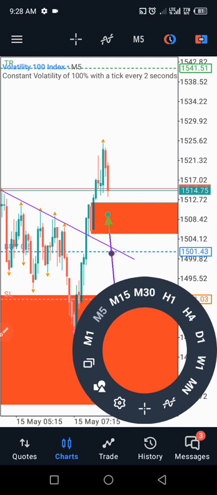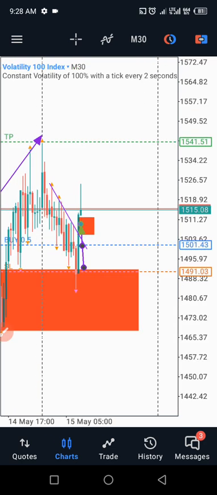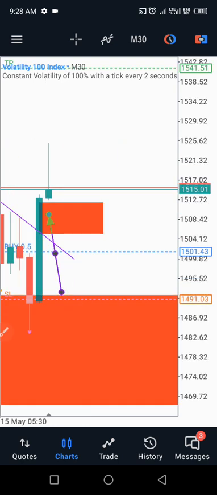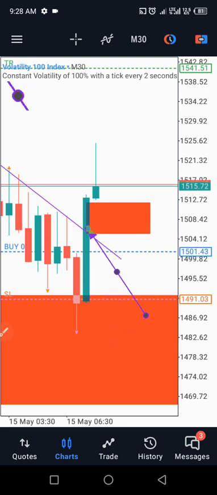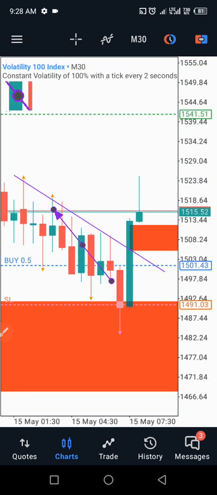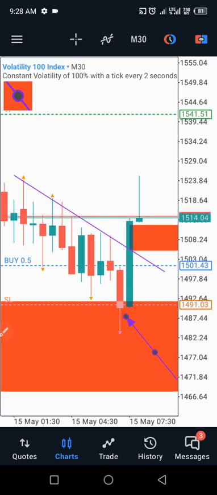So what we want to do now is to go to the 30 minutes time frame, so that we can see clearly the bearish bullish rejection. What we'll notice is, before this breakout, because you can see that this was a very strong breakout here, taking out this liquidity level at this place, price created a bearish candle here.